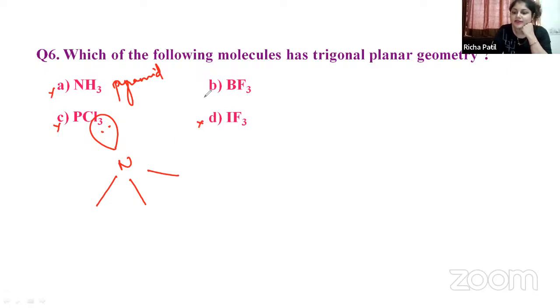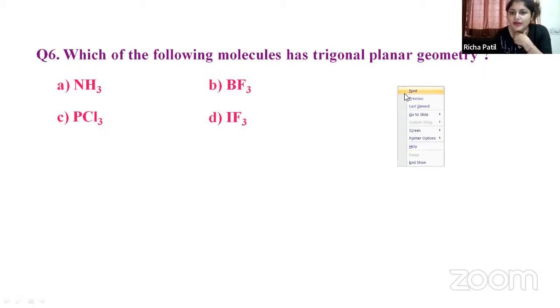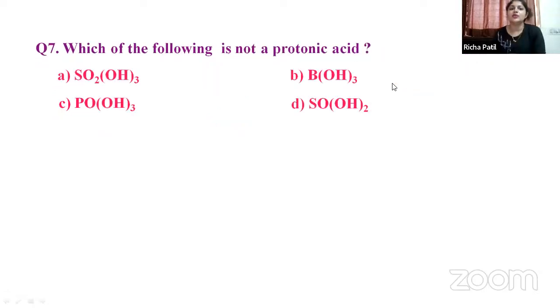Then BF3 is trigonal planar. So the answer is B. B is the correct answer. I hope you have understood it. We'll go for the next one.